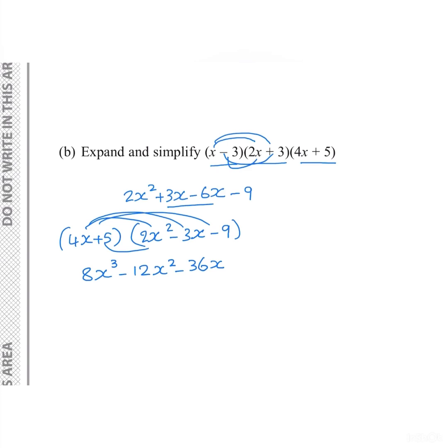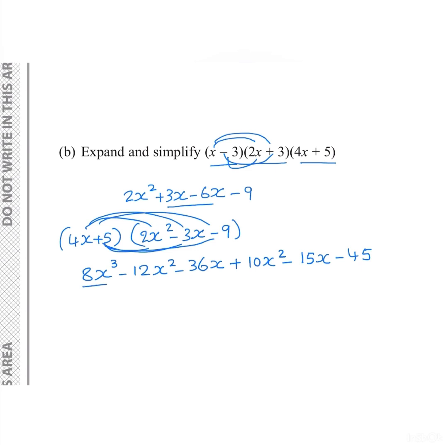And then 5 times by 2x squared, plus 10x squared. And 5 times by minus 3x, minus 15x, and the last bit here, 5 times by minus 9, minus 45. So now just simplify these or collect like terms.